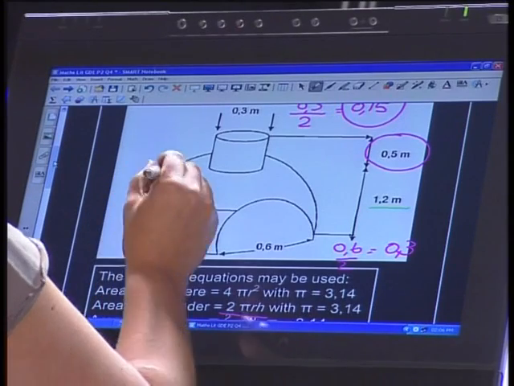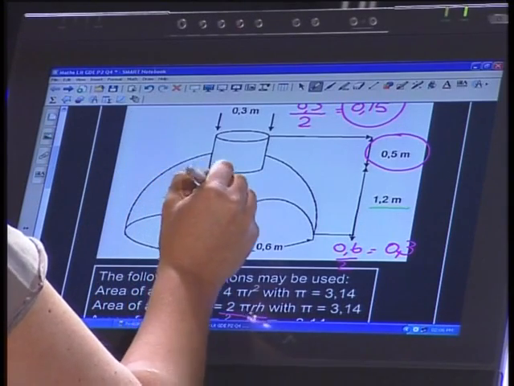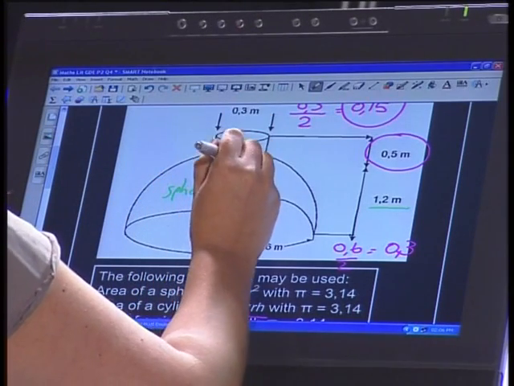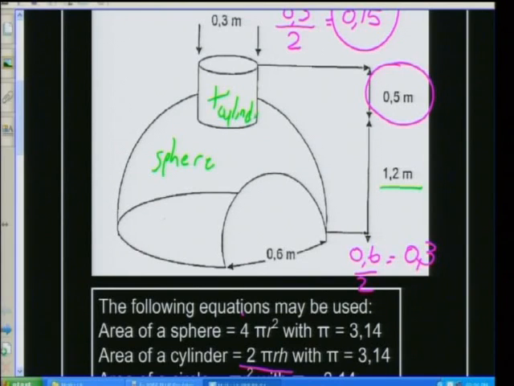So we're going to take the sphere. We're going to add the cylinder. Am I right? We need to add the sphere and the cylinder. And then the door, what are we going to do? Are we going to be painting the door, or are we going to be eliminating the door?